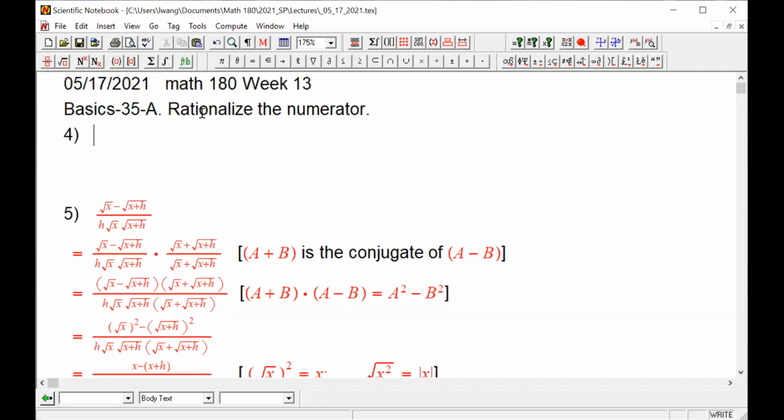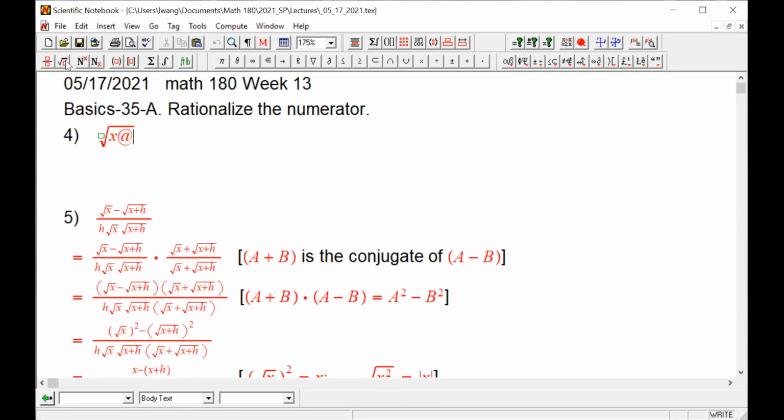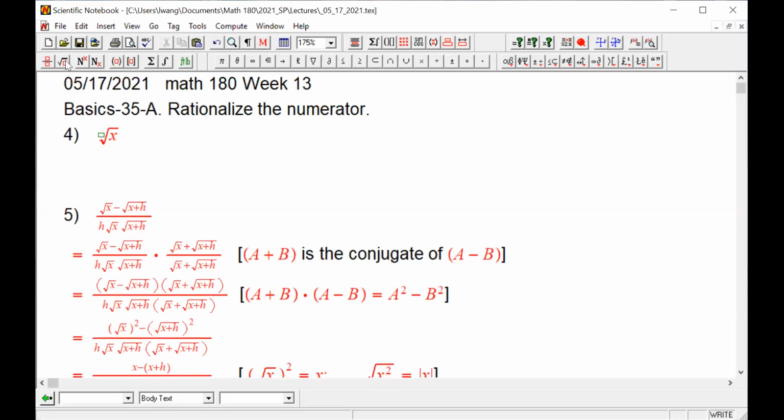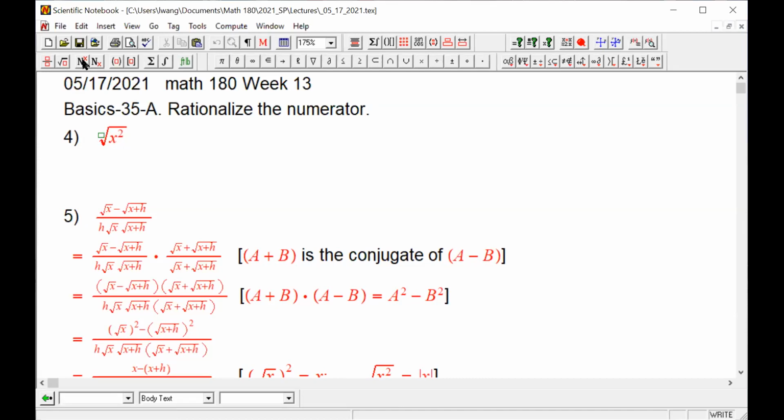And of course, we are just going to have this x squared plus x minus x.